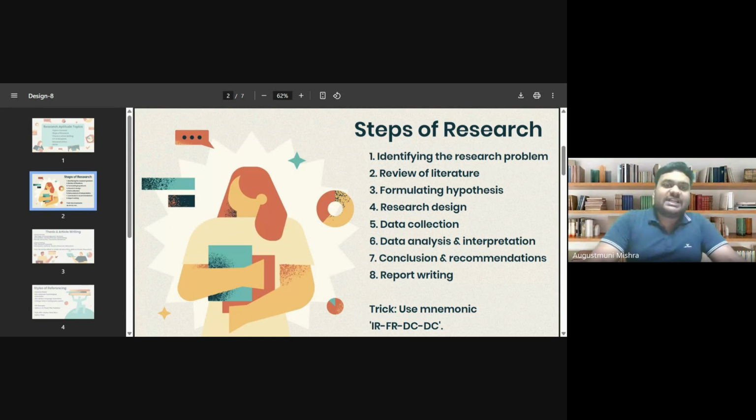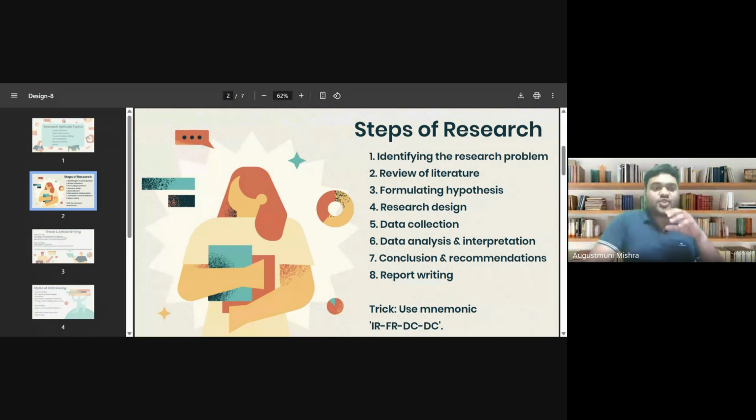Then in the fifth step, what we have to do is formulate the broad objectives. Once you find your broad area, you will divide it into sub areas. Then you will find your area of interest, meaning what you have to perform under that.